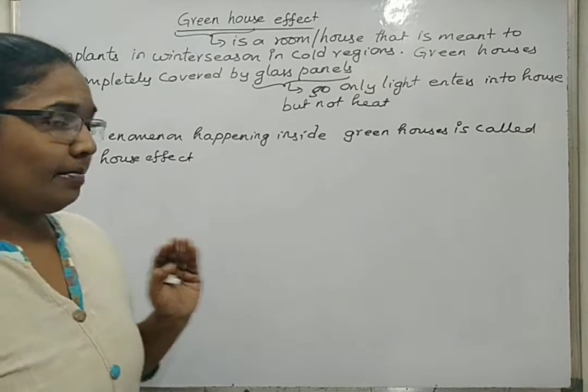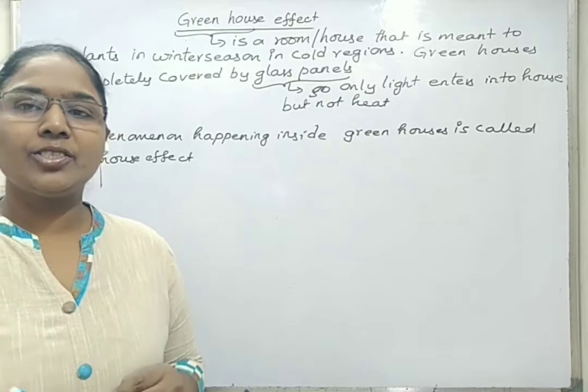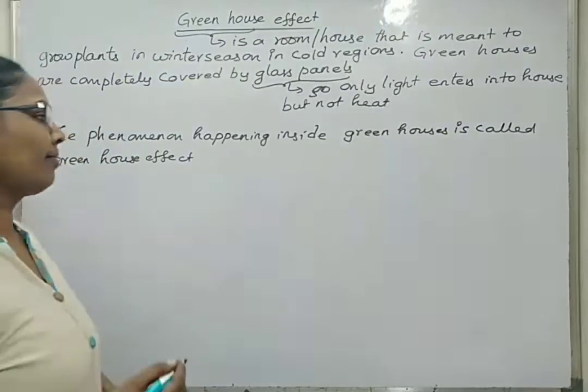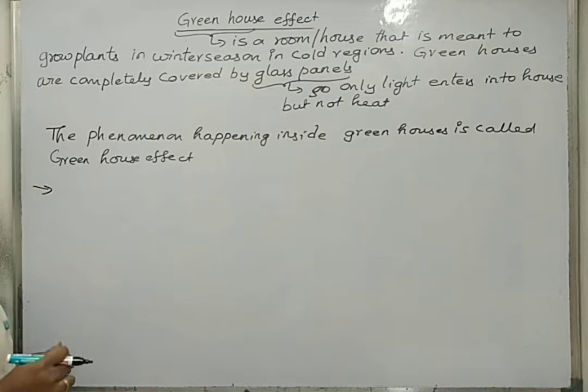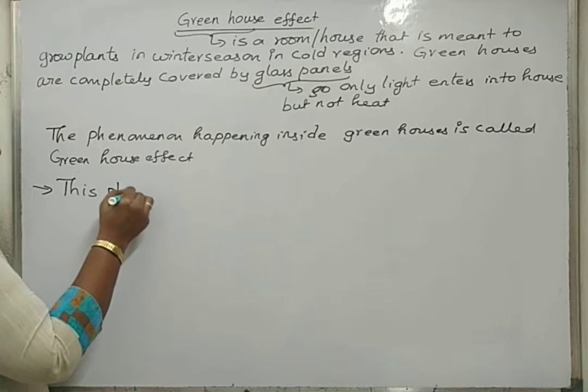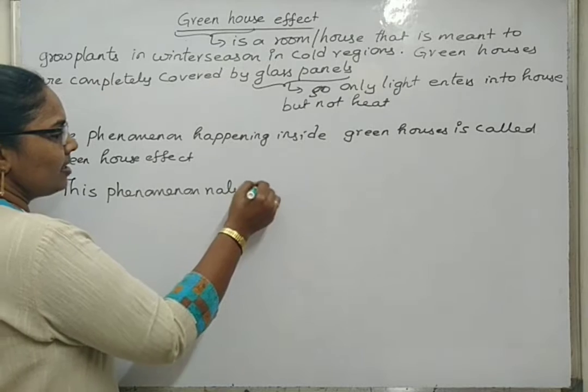Now, how can we relate this greenhouse effect with the heat generation on the earth and the earth layers? This type of phenomenon naturally occurs on earth, and instead of glass panels, we can consider atmospheric layers.